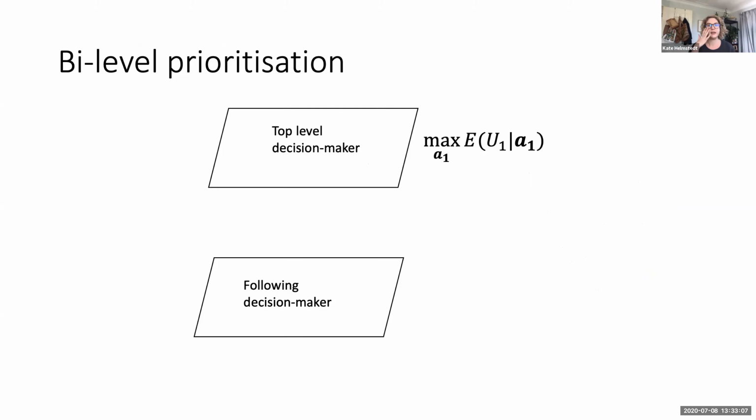And how I've been formulating this is through the idea of bi-level prioritization. So instead of saying one person makes one decision, we have two layers of decisions. There's a top level decision maker, maybe they act first, maybe they allocate money to someone else, maybe it's our action in a wedge of Antarctica that then someone else will respond to. And then there's that following decision maker.